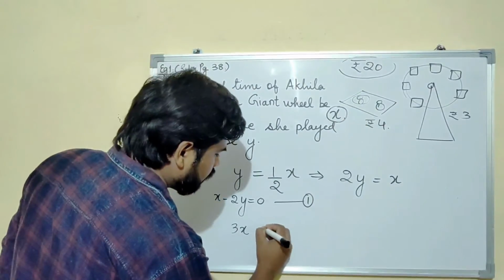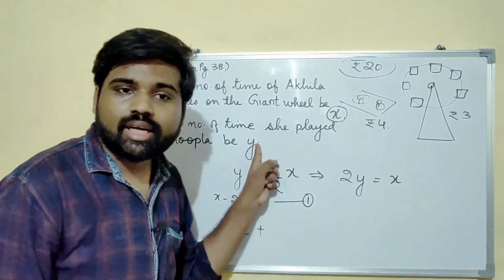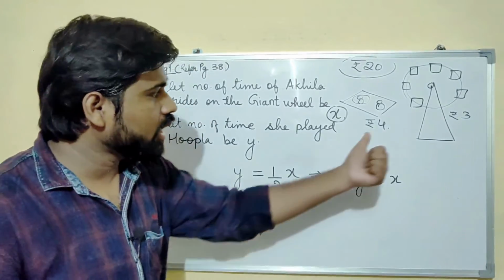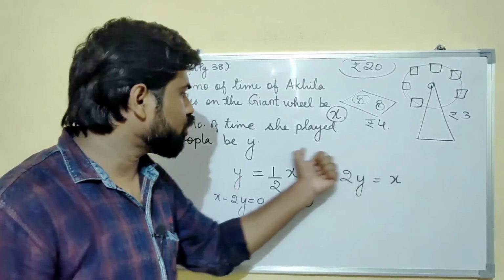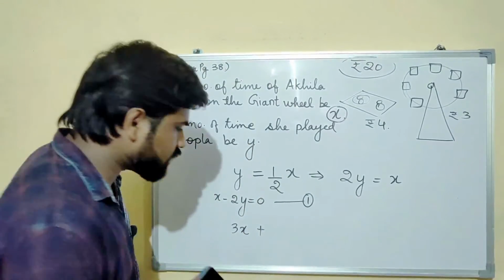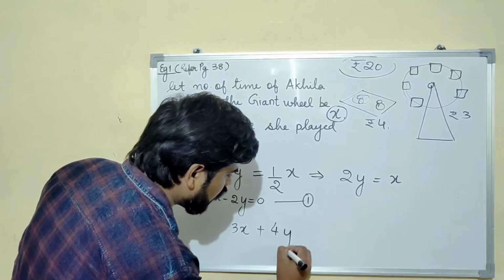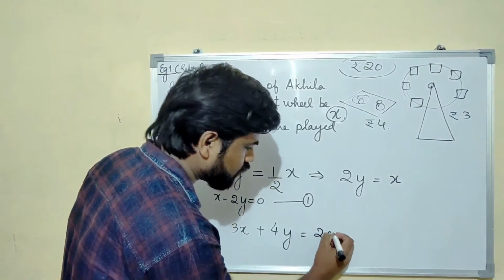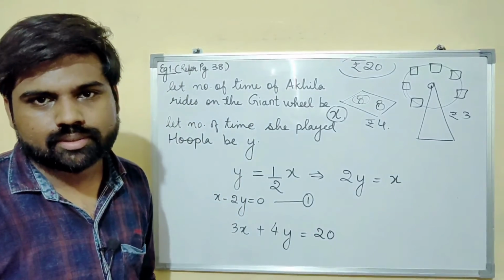Then she played hoopla y times. If you play hoopla one time, you will have to pay 4 rupees. If you play hoopla y times, you will have to pay 4y. As simple as that, right? And this is equal to what? 20 rupees. In all, it took 20 rupees.